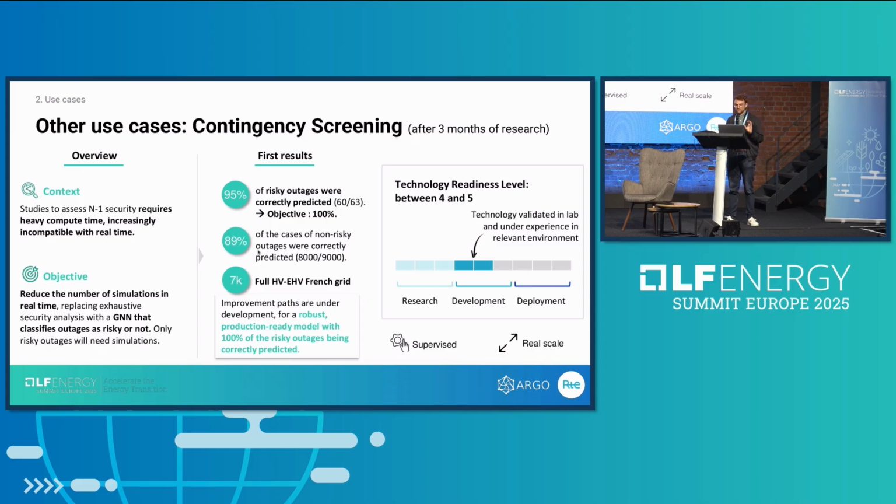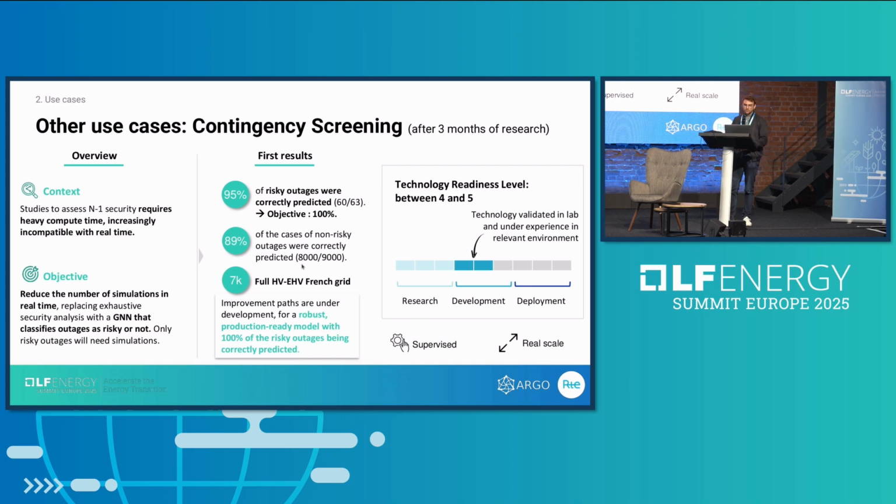Of course, there are a lot of false positives, meaning that there are approximately 1,000 non-risky outages that were flagged as being risky. Still, even with this kind of early results and performance, we could manage to decrease the computational time by a factor of approximately 8.